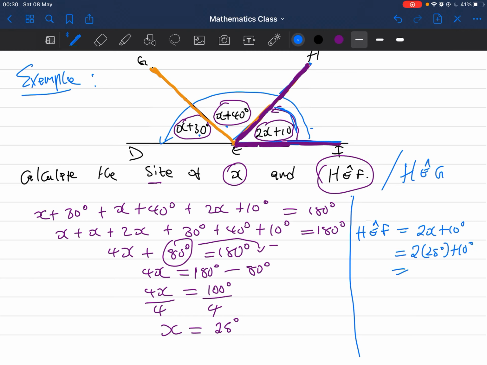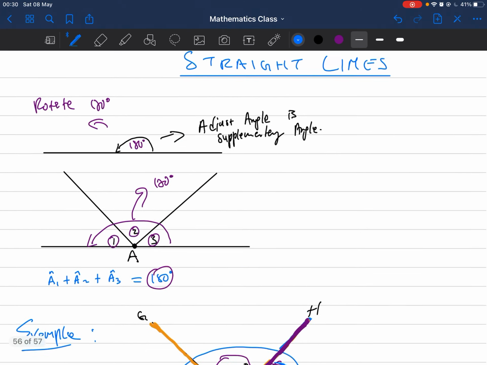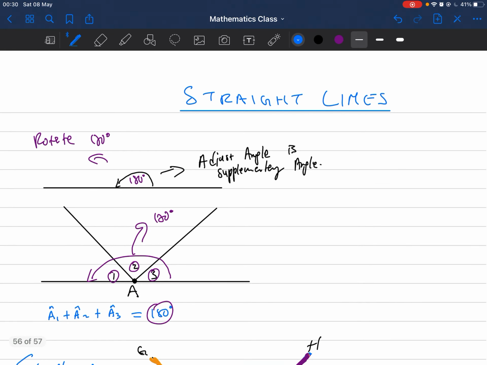If you punch this in your calculator, 2 times 25 is 50. 50 plus 10 is 60 degrees. So HEF is equal to 60 degrees. So this is how you actually calculate an angle in a straight line.